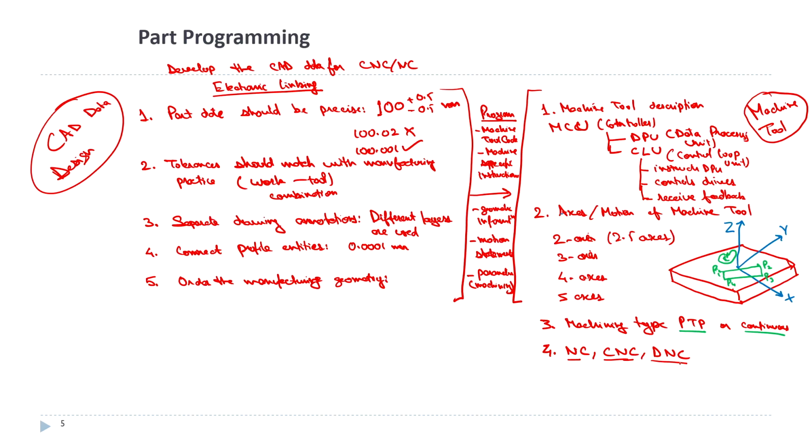On the other hand, we have distributed numerical control, in which a central computer is connected to a group of CNC machines. If separate CNC machines are used, the data for each of them would be taken as an individual process.